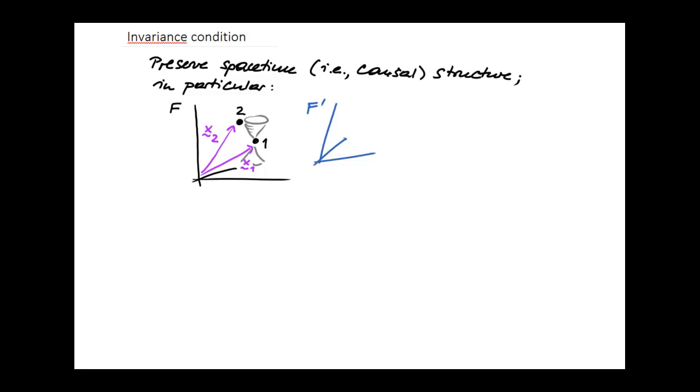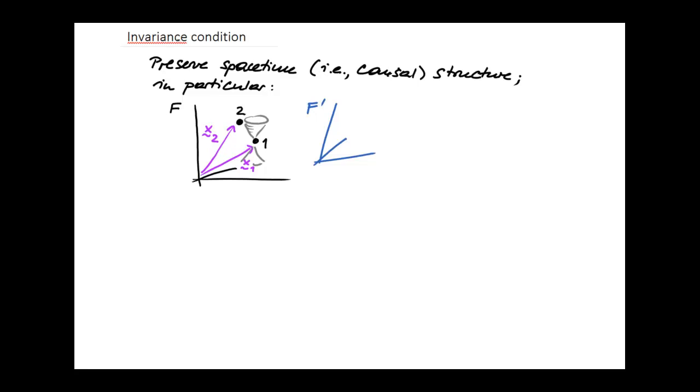And what we require is that the observer F prime sees the same causal relationship between 1 and 2 as the original observer F. What is the condition that there is a causal relationship between 1 and 2? That the event number 2 is in the past or future light cone of event 1.